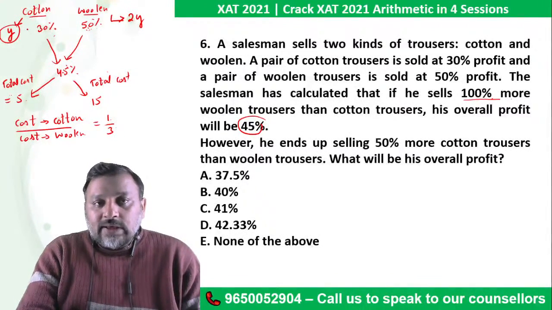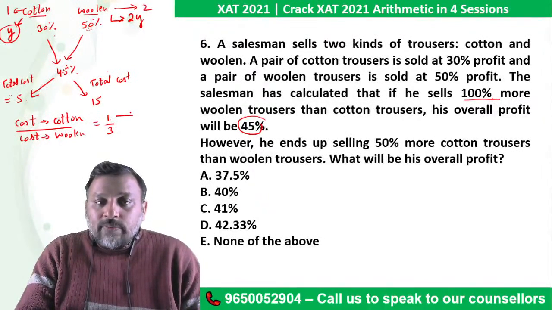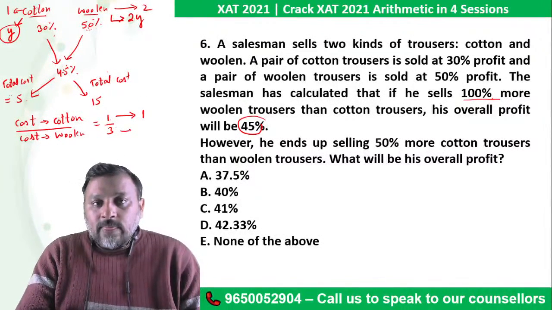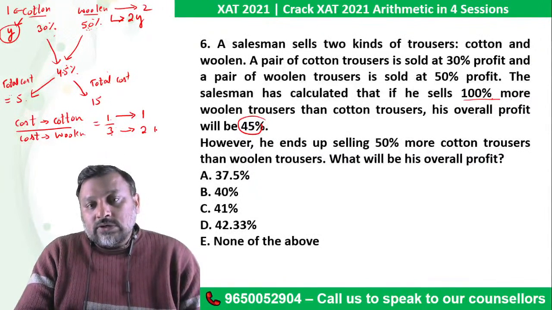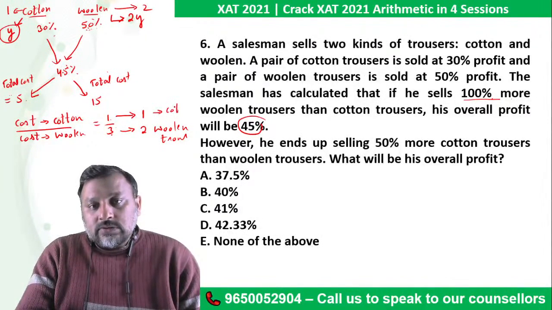Okay, or we can say if this is the cost for 1, this is the cost for 2. So 1 rupees is the cost for one cotton trouser, and 3 rupees is the cost for 2 woolen trousers. 2 woolen trousers and 1 cotton trouser.